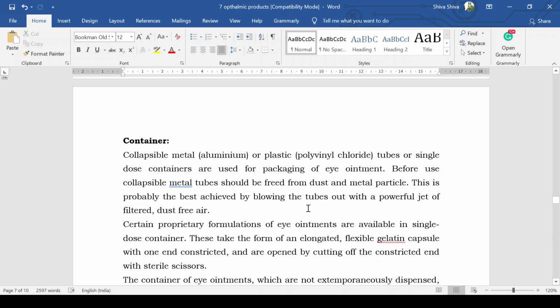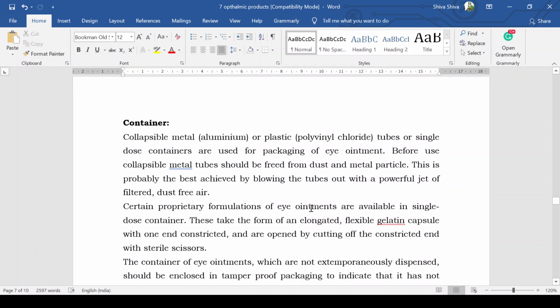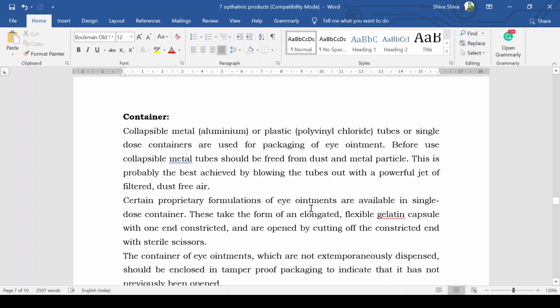This is probably best achieved by blowing the tubes out with a powerful jet of filtered dust-free air. So in order to remove any particle contamination, high pressure air is blown through the tubes so that any particulate matter will be removed.